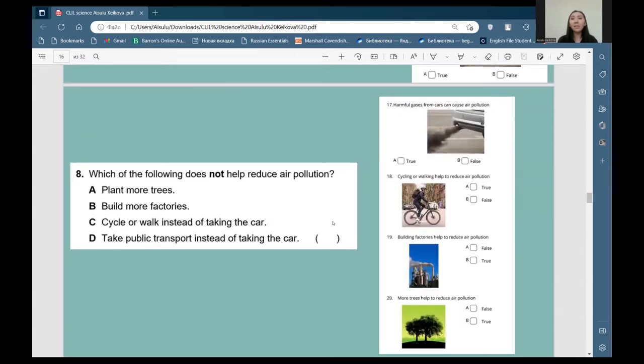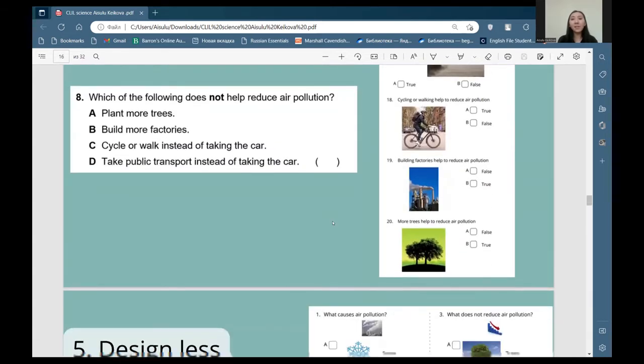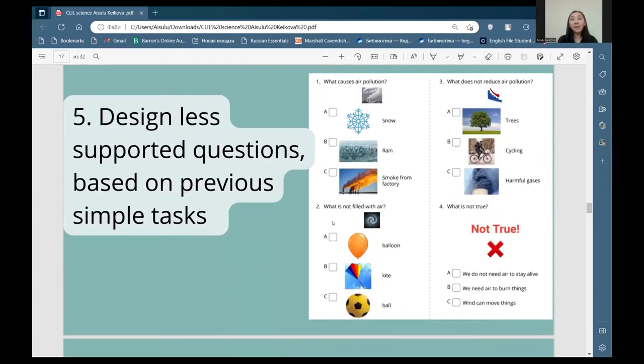However, it's not the end. There are other examples. But after they have learned those simple questions, I designed less supported questions. I call them level 2 questions. So based on simple previous tasks, I design new tasks. For example, here I ask, what causes air pollution: snow, rain, or smoke from factory?